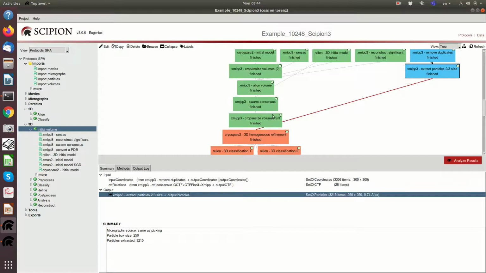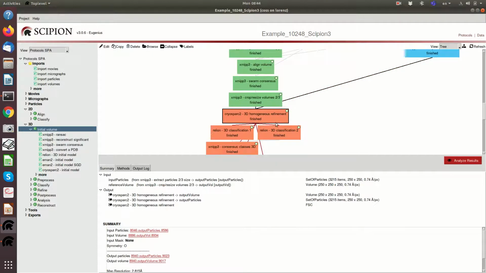And then the next point will be trying to make a cleaner 3D reconstruction, and also a 3D reconstruction of a population that we think is purely consistent with one single structure. So we will start by refining this input volume.